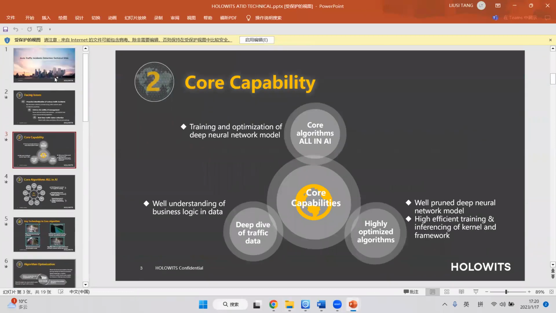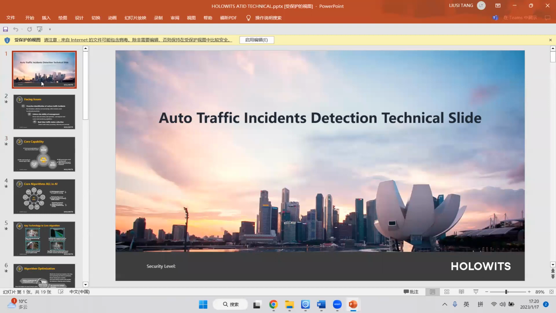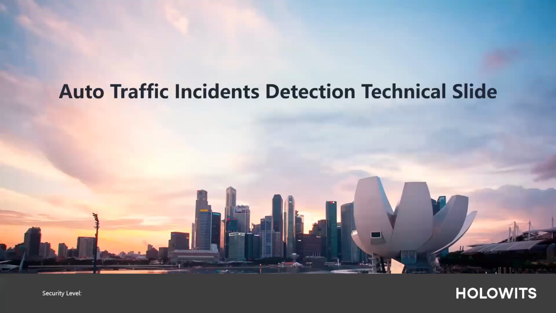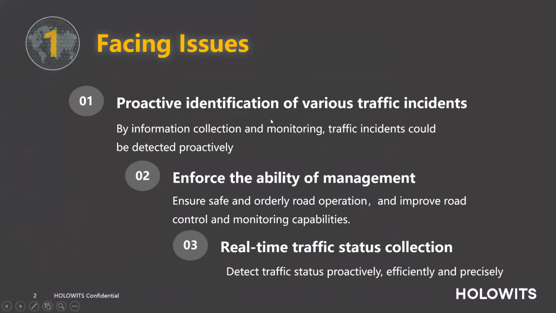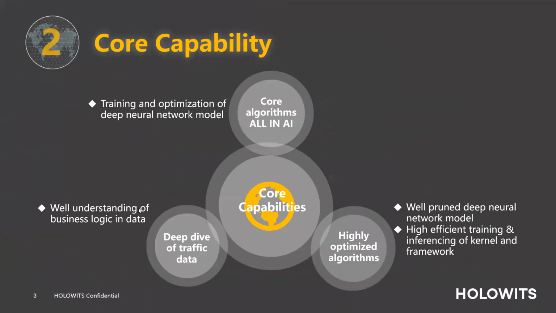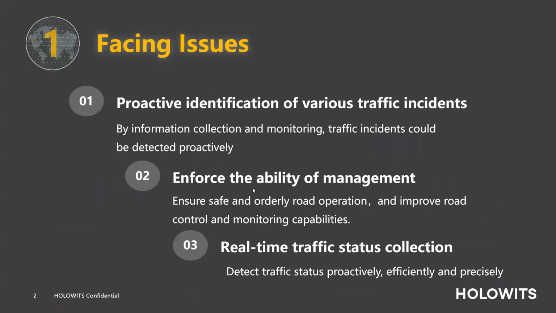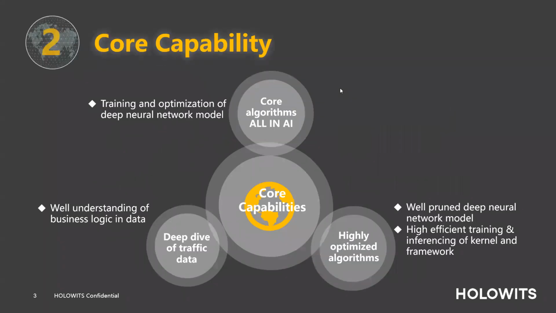I will just introduce the simple parts, not the very complex ones. First is the fitting issue, which I have introduced before. So the core ability: what is the algorithm we have?